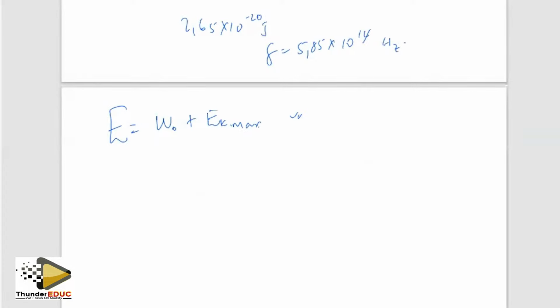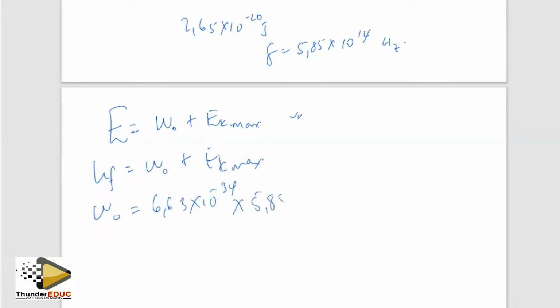All right, so we need to get the work function. So this is going to give me that my hf is equal to the work function plus my EK max, which means my work function, I'll move that side, so I'll subtract. So 6,63 times 10 to the negative 34, that is Planck's constant, multiplied by the frequency, which is 5,85 times 10 to the 14.